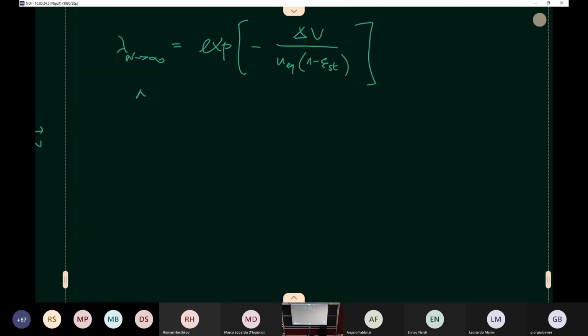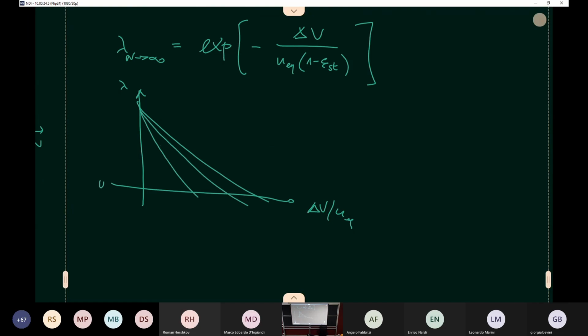Also, we see here lambda as a function of delta V over U and Q. For delta V equal to 0, of course, lambda is equal to 1. But as we move towards increasing delta V, we see that we have an increase of lambda.